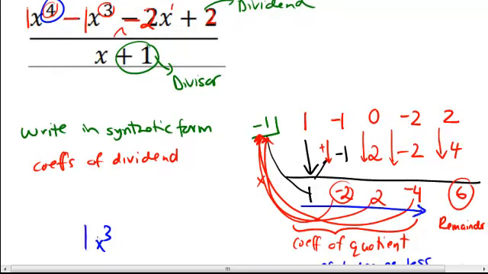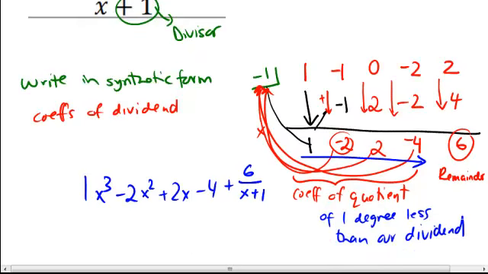So it's 1x cubed minus 2x squared plus 2x minus 4. And then we have a remainder of 6. So 6 divided by our divisor, which is x plus 1. So basically our division here gives your quotient plus your remainder over your divisor.